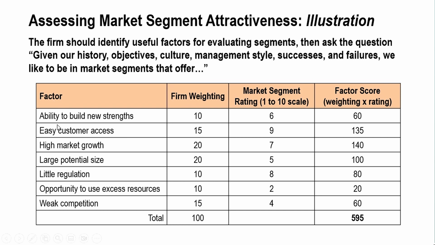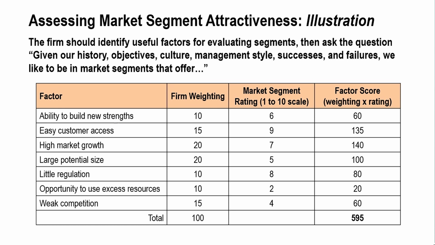So, we have factors like easy customer access, or high market growth, or large potential size, or regulatory ease, or opportunity where our current excess resources can be used gainfully, or competitive weakness in general. And based on this kind of competitive weakness or opportunity to use our excess resources, we can also therefore develop another characteristic, that is, ability to build new strengths.